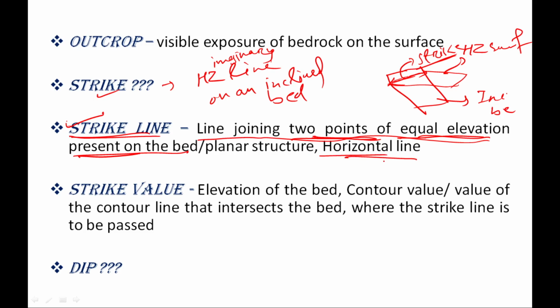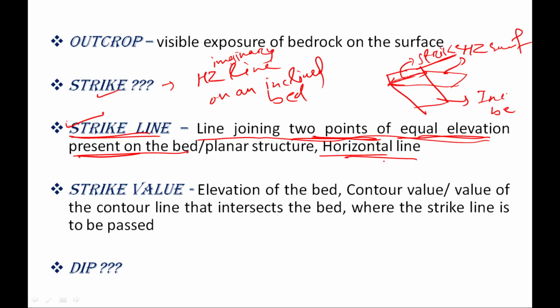This definition I have written on the basis of how we are going to use it on a map, how we are going to plot the strike line on a map. That's why I have written here the line joining two points of equal elevation present on a bed or planar structure. If you are talking about the line joining points of equal elevation on the ground surface, that is your contour line.